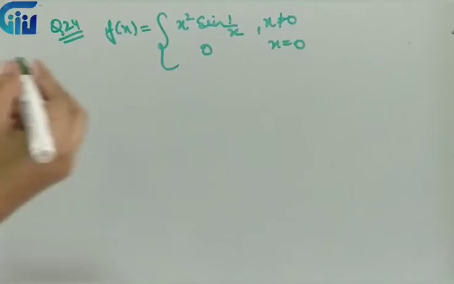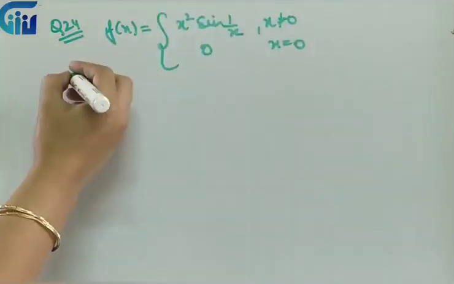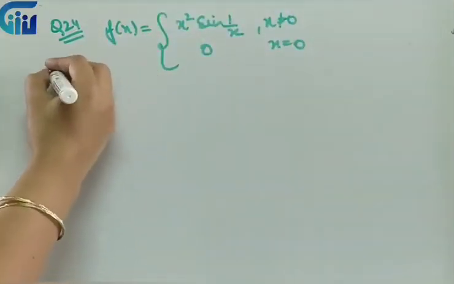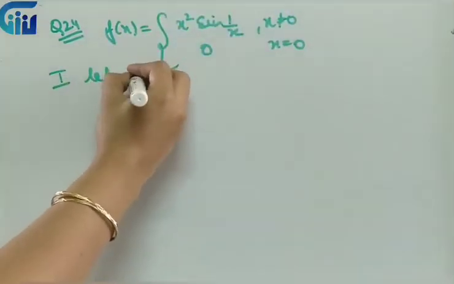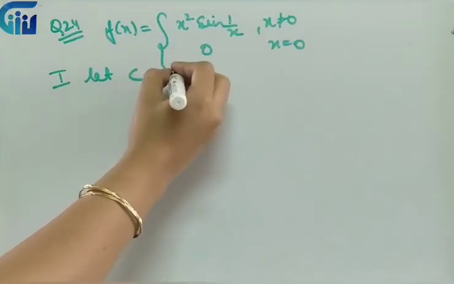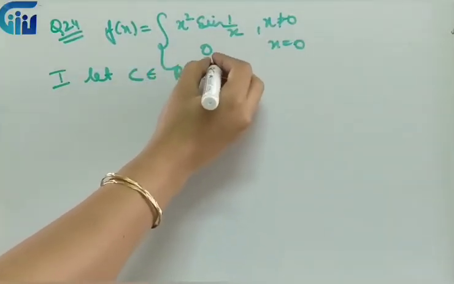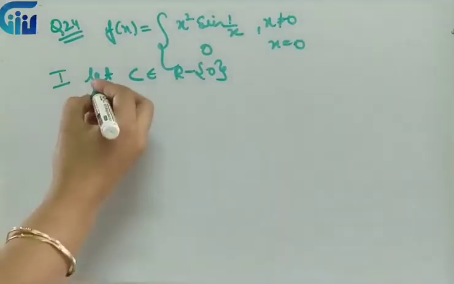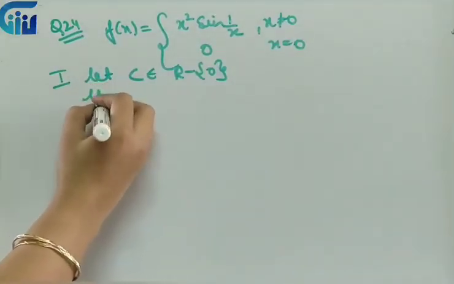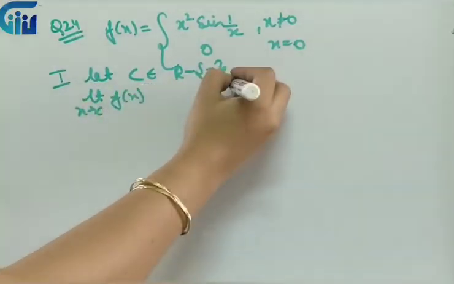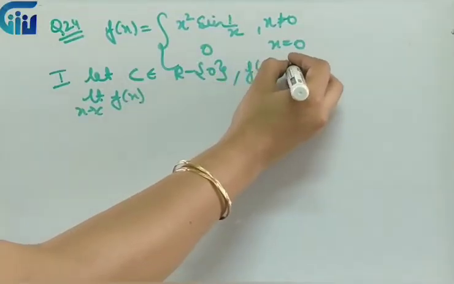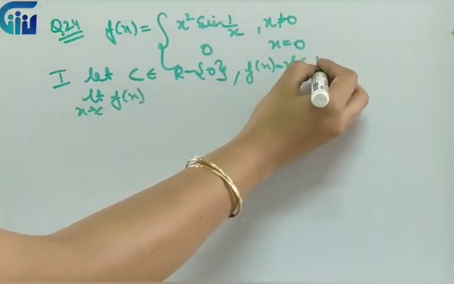So again we will have cases. Since x is not equal to 0, I will have only two cases here. Case 1 will be, let c be any real number which is not equal to 0. For all those points, my function will be x square sine 1 upon x.